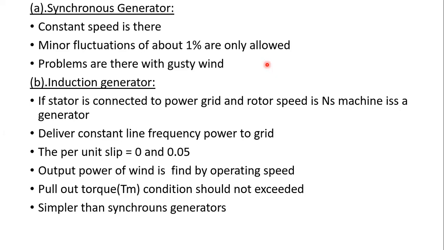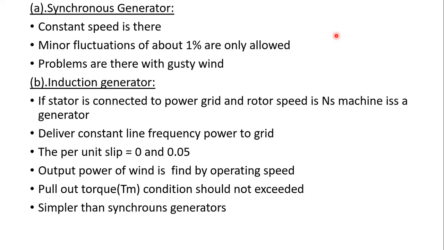And the second type of generator: if you opt for induction generators, this is done if the stator of the induction machine is connected to the power grid and the rotor is driven at synchronous speed.